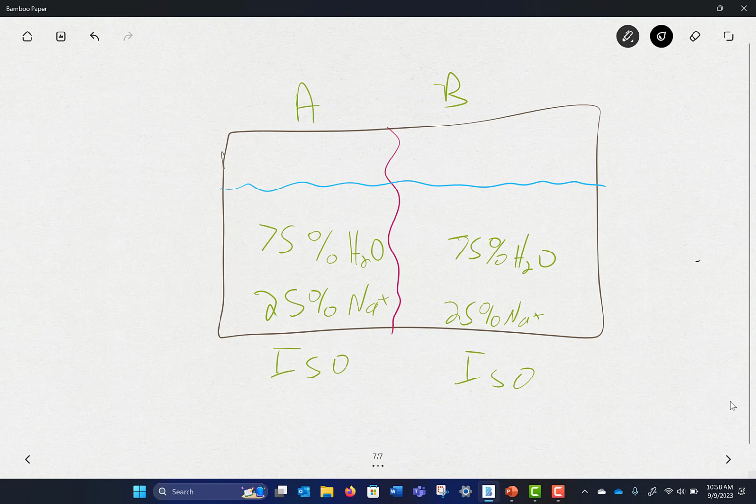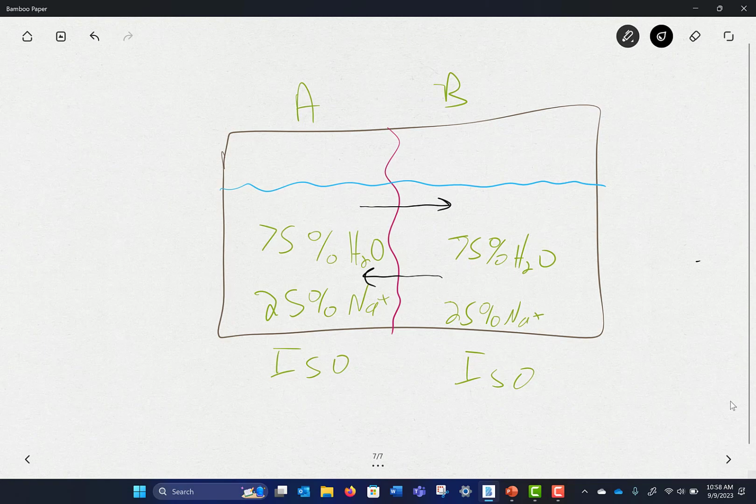But there is movement because solutes suck. Water is getting sucked towards side B. Water is getting sucked towards side A. It is just moving in both directions at the same rate. It's not that nothing's happening. It's just happening in both directions at the same rate.